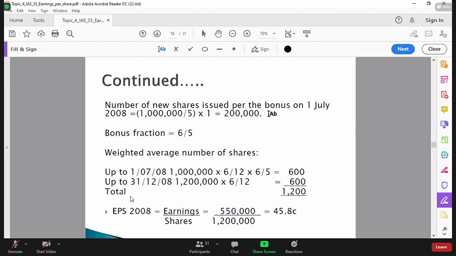And then the bonus fraction now becomes 6/5, as I explained just now: the shares become 6 from the existing 5. So you have 1 million, multiply by 6/12, and then multiply by the fraction 6/5. So you have 600.